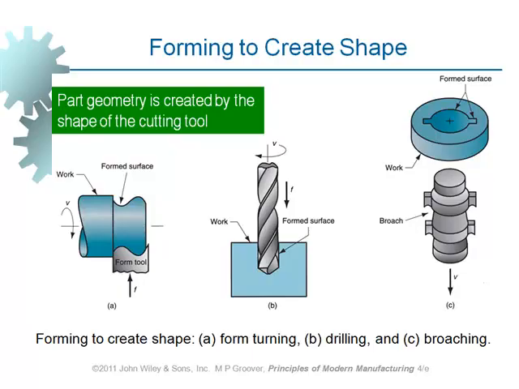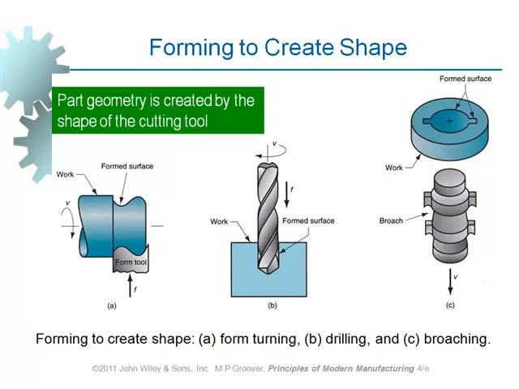Here, as you can see, part geometry is created by the shape of the cutting tool. In other words, if you take a look at the shape of the workpiece, it tells you something about the shape of the cutting tool which is used to make the part. The geometry of the cutter is left on the workpiece. Take a look at that one, at this one, and at that one as well.